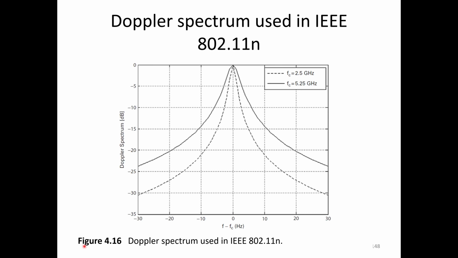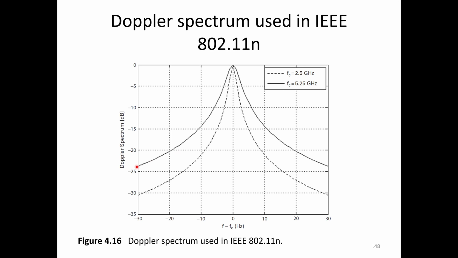Figure 4.16 is the Doppler spectrum used in IEEE 802.11n. The x-axis is f minus fc from negative 30 Hz to 30 Hz, and the y-axis is the Doppler spectrum from negative 35 dB to 0 dB.